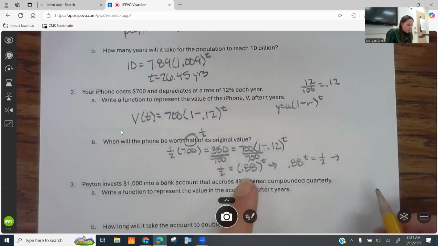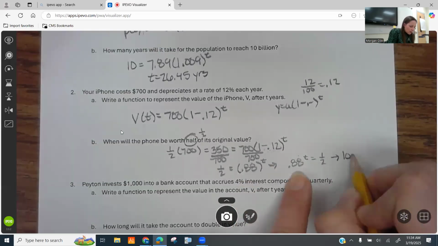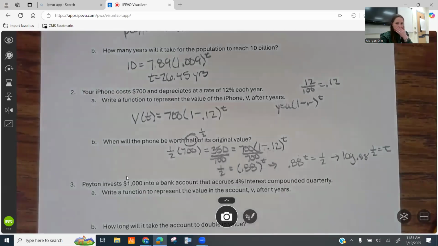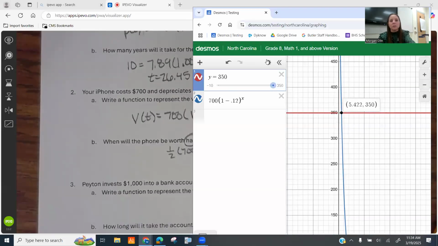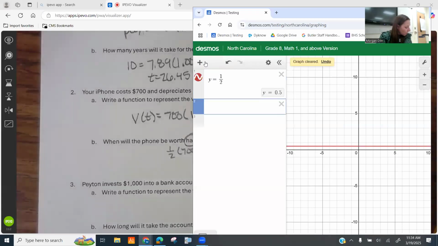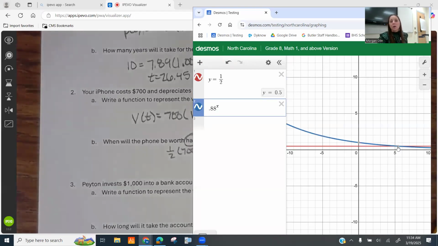And so this, when we write it, log base 0.88 of 1/2 equals t. So really, now I could plug in my calculator like this once I divide by the 700, and I get y equals 1/2, and it's 0.88 raised to the x. All right, notice I can see it really quickly. And isn't it the same answer, 5.422?